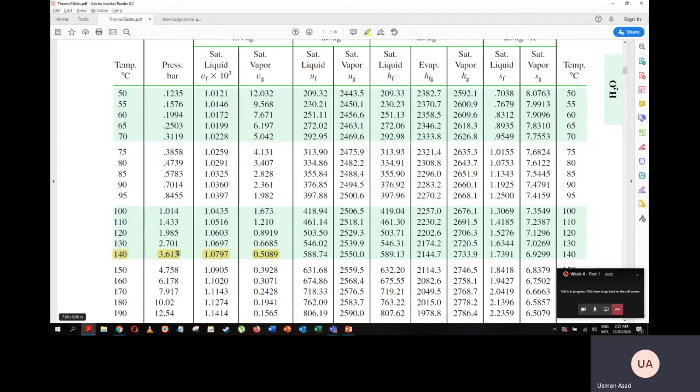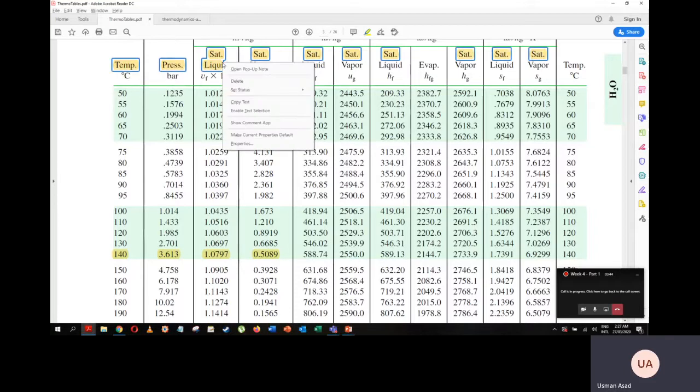So water would boil at 140 degrees when the pressure is 3.6 bars or 360 kilopascal. All these mixed region tables really do is provide us data about the extremities, the saturated liquid and the saturated vapor.